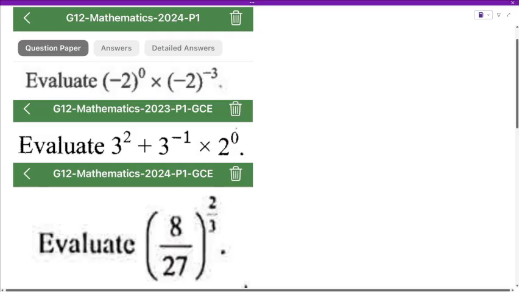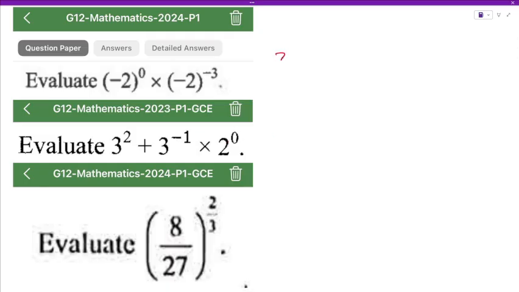We go to the next one. Evaluate 3 raised to the power of 2 plus 3 raised to the power of negative 1 times 2 to the power 0. Okay, so here this is an interesting question with several laws of indices. You have negative indices, you have 0 indices, and then you have this power here.